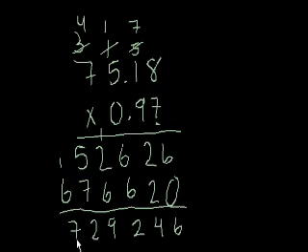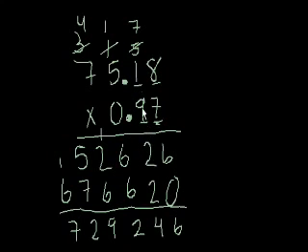Okay. So now here's where the decimals come into play. And I think you're going to be shocked by how straightforward this is. What I do is I go back to the original problem, and now I actually pay attention to the decimals. And I say, how many total numbers are behind the decimal point? Well, there's one number behind the decimal point, 2 numbers, 3 numbers, 4 numbers behind the decimal point. 1, 2, 3, 4.